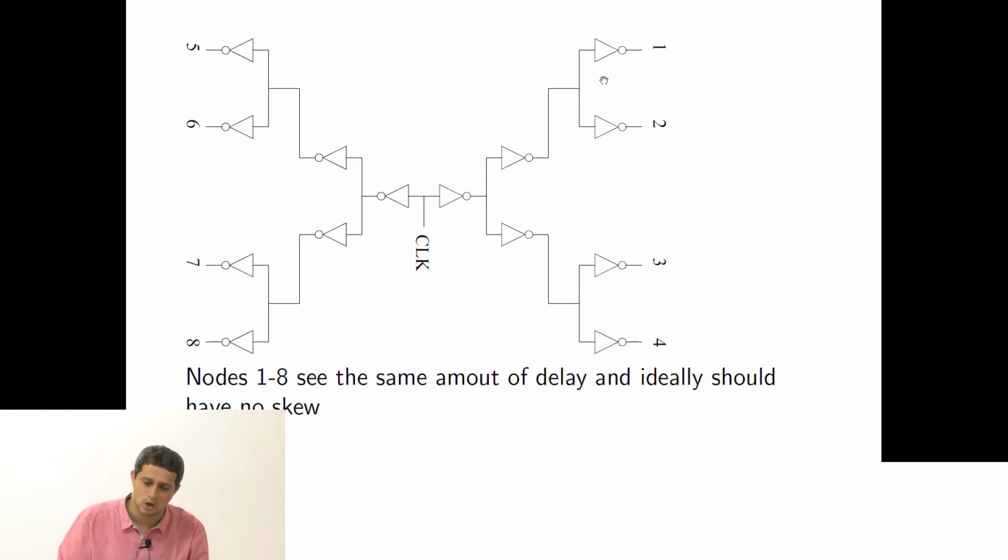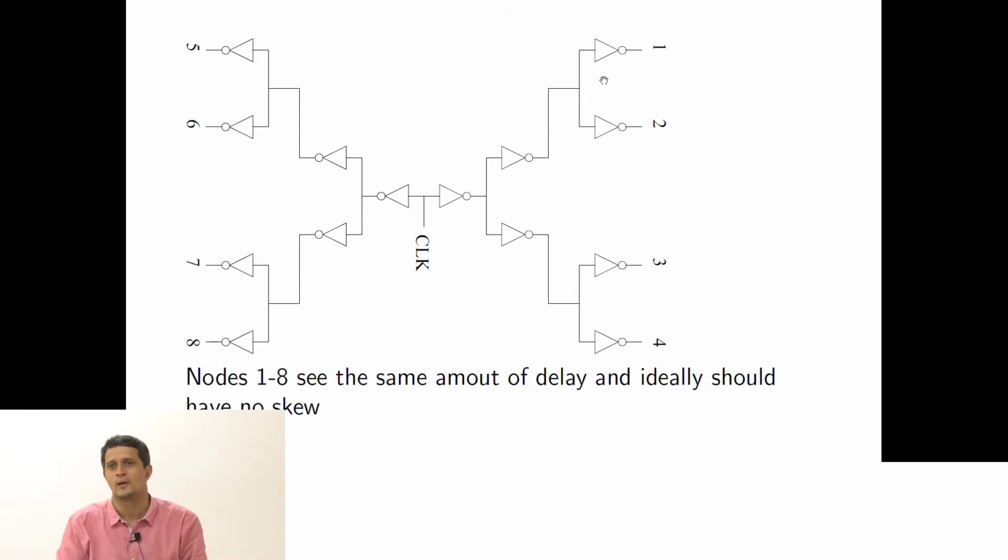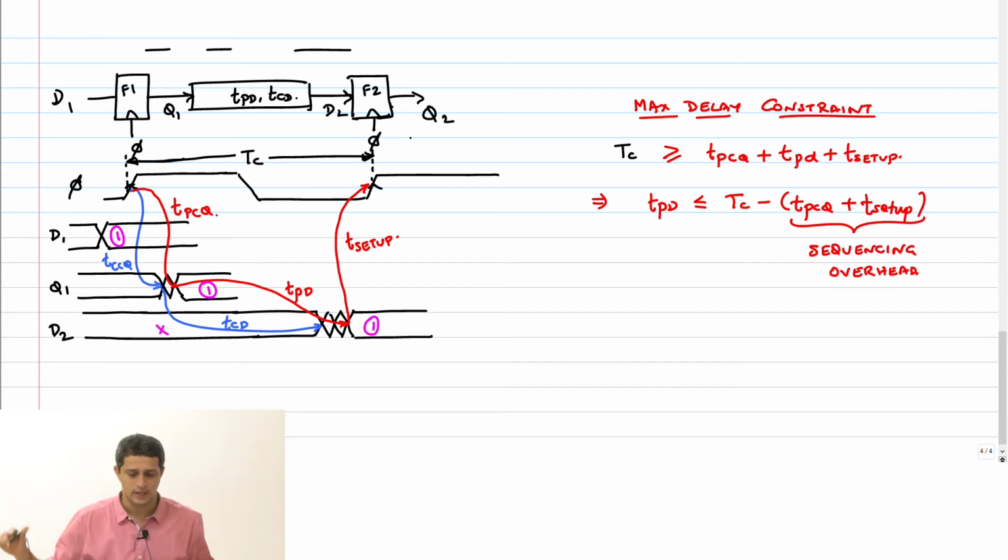Also, spatially, one end of the chip may have a slight bias with respect to process parameters compared to the other. So all these inverters may be slightly different from all these inverters. Apart from random changes, even systematically you could have some variations. Because of that, I have to deal with what is known as clock skew.